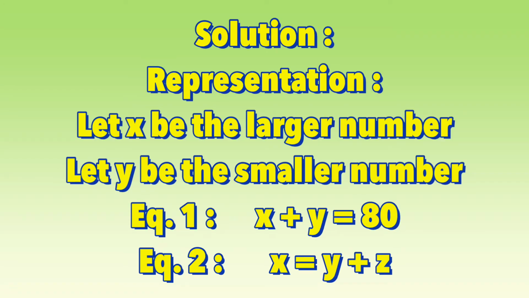Then our first equation, the sum of two numbers is 80. So since x is the larger number, x plus y, the smaller number, equals 80. The next equation, the larger number is 2 more than the smaller number.